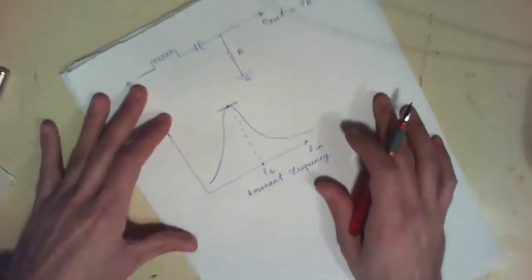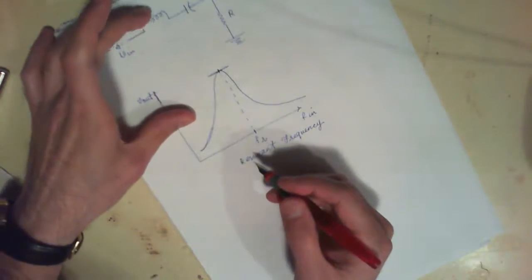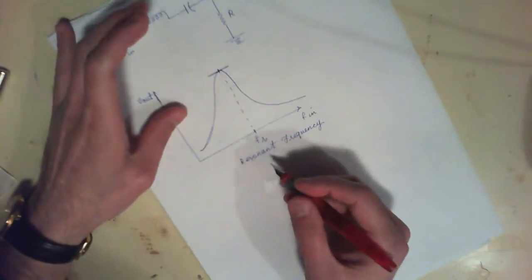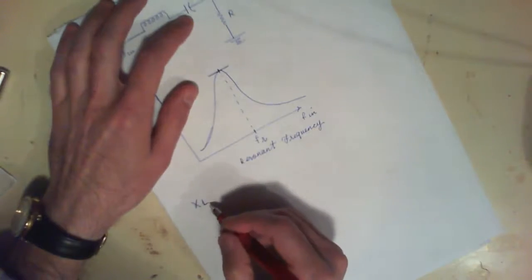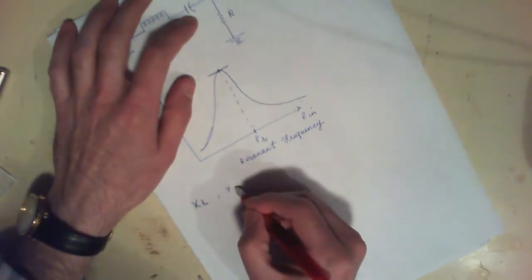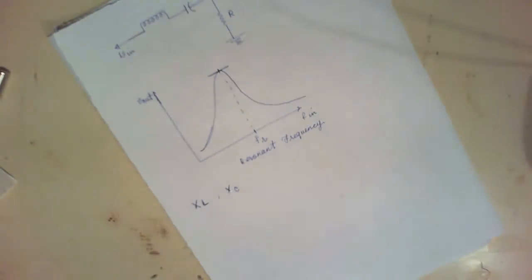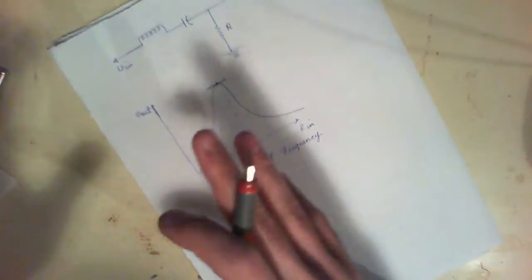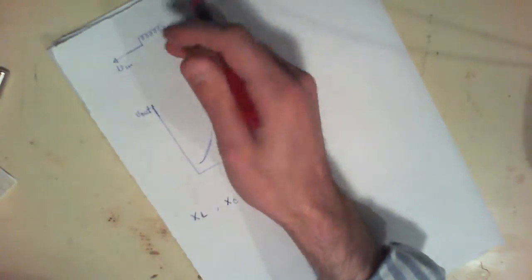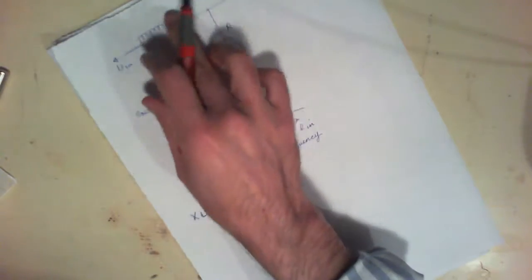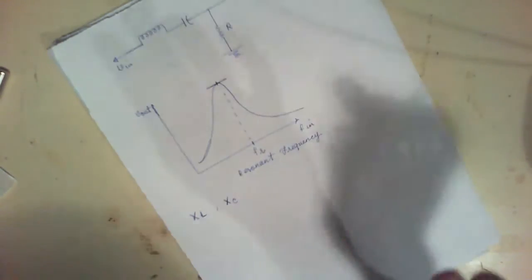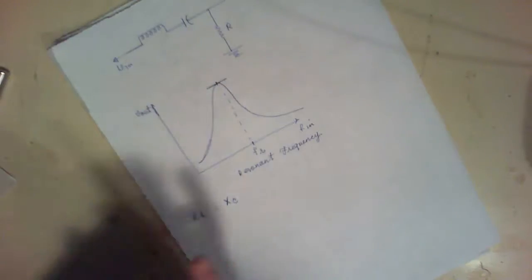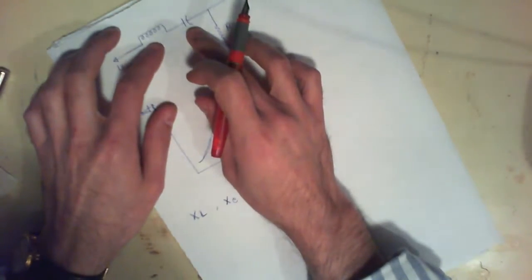You have some reactance over here related to your inductor, which is X of L, and you have some reactance over here related to your capacitor, X of C, and these two are dynamically working together depending on the frequency, and you will have some voltage drops across these two components here, and then as a result there is some voltage drop across this resistor, which is your output.